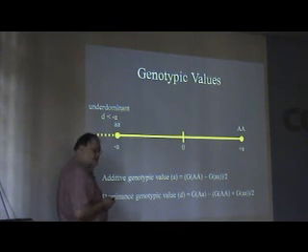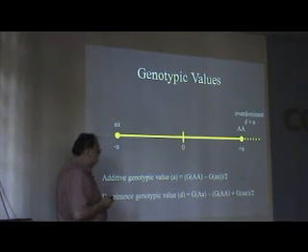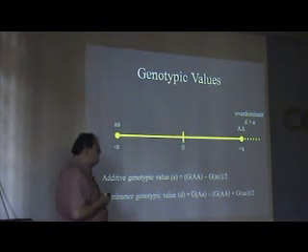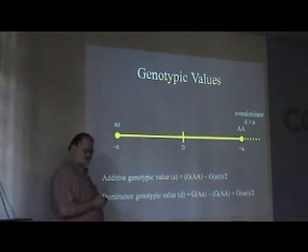And that's called underdominance. And likewise, you can have a dominance value greater than plus A. That would be overdominance, the heterozygote larger than either homozygote. So all of these possibilities exist, and actually in the examples yesterday we saw all of these possibilities.